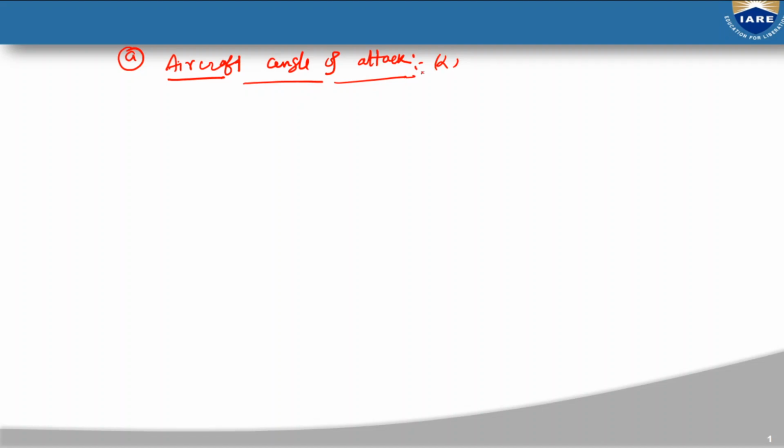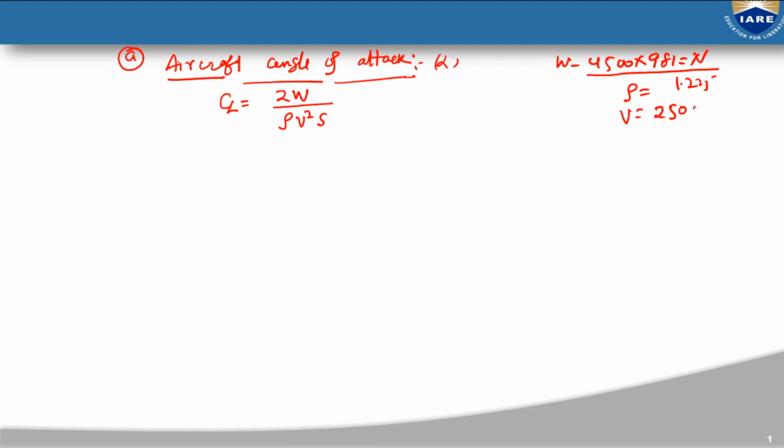That is called alpha. So we know that the coefficient of lift CL is equal to 2W divided by rho V square S. Here W is equal to 4500 into 9.81 Newton, rho at sea level is 1.225, V is equal to 250 knots or 250 into 0.5144 meter per second, and area S is equal to 19.5.